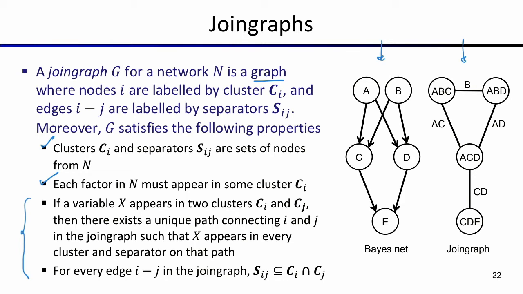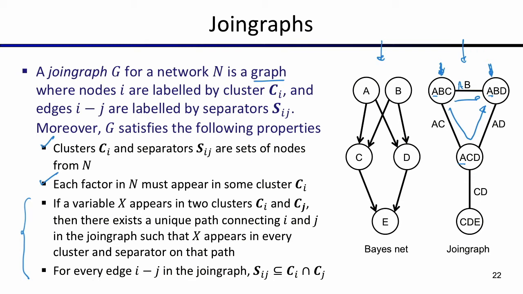Look, for instance, at variable a, which appears in three clusters. It's important that there is only one path connecting two of these clusters. If we had a here, there would be two different ways to get from one cluster to the other, and that would lead to an invalid join graph.